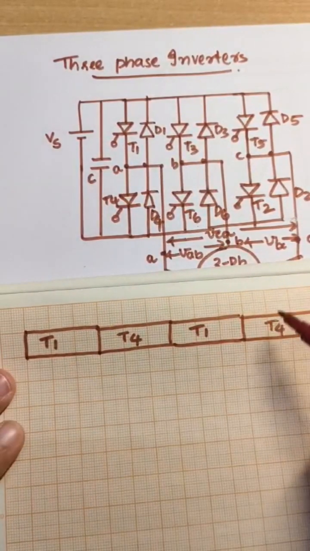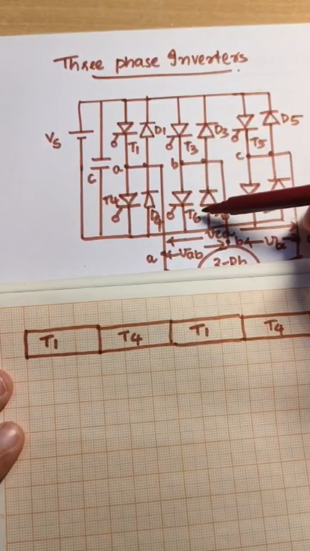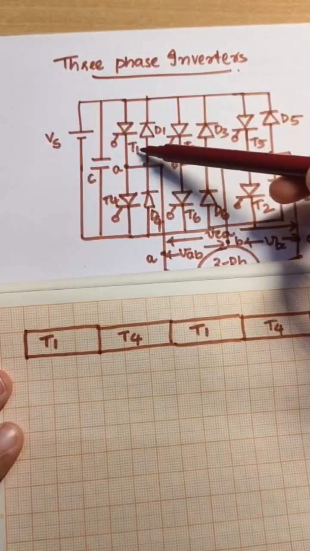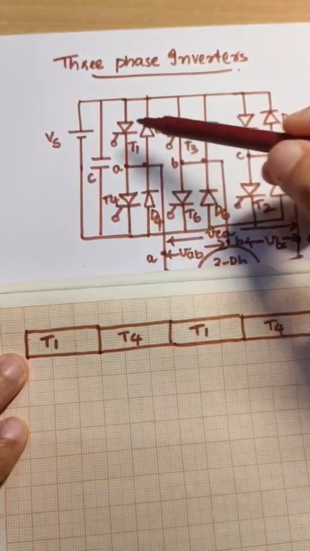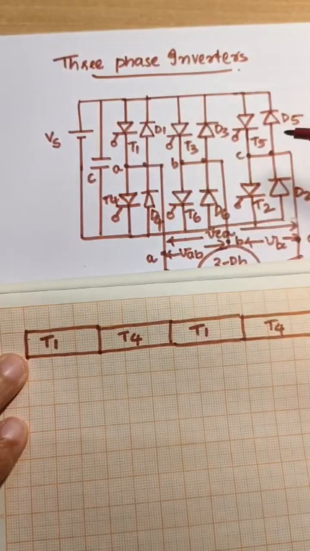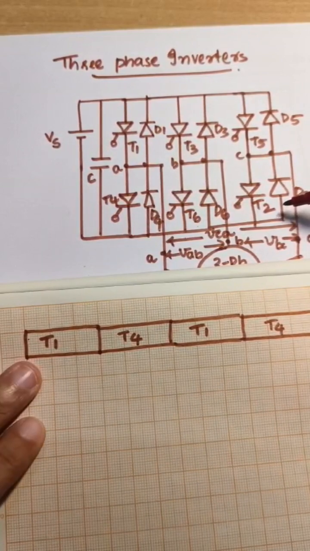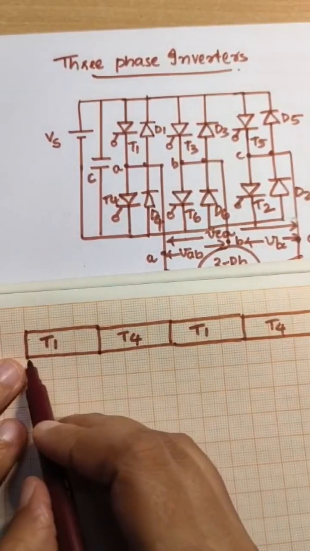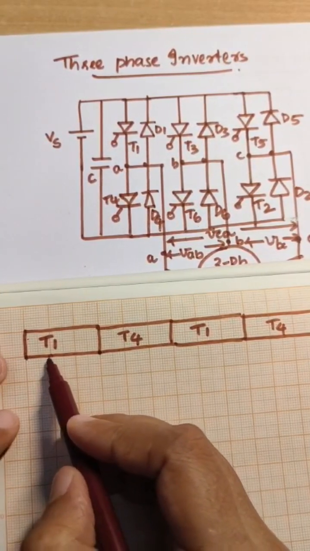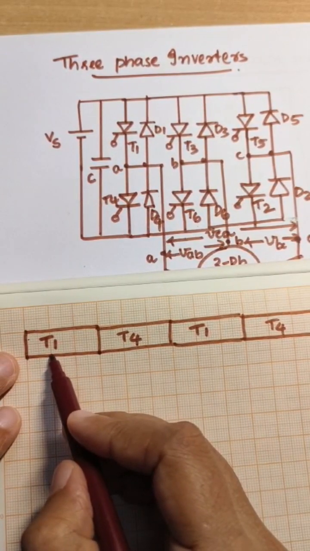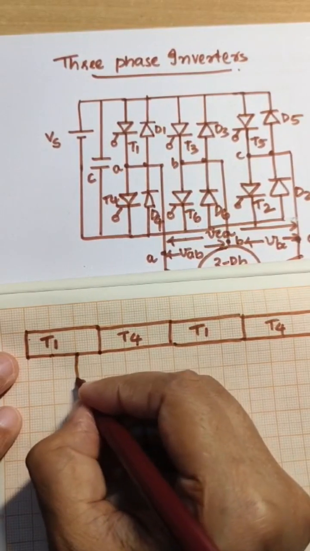In the second row, we are indicating elements of the second leg, that is T3 and T6. T1 is switched on at 0. After T1, T2 will be switched on after an interval of 60 degree. After that 60 degree, T3 will be switched on.